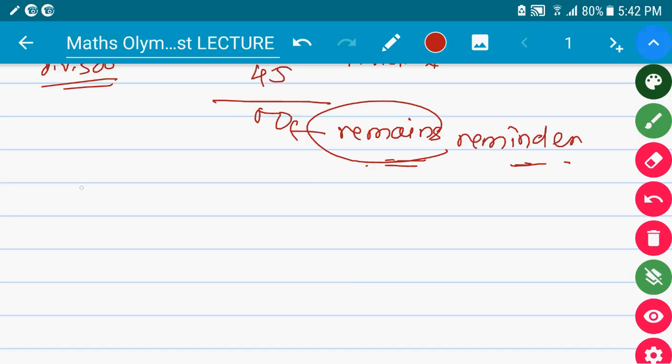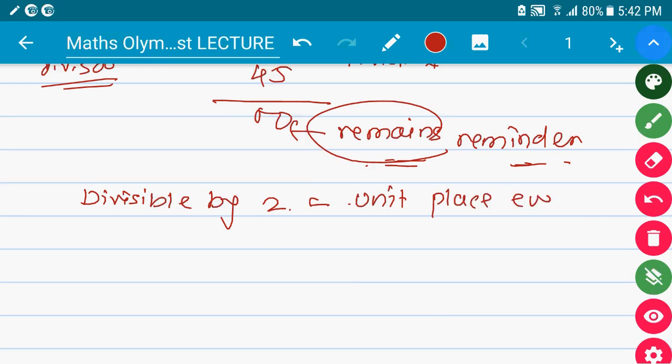Any number is divisible by 2 if the unit place is occupied by an even digit, or 0. So 2, 4, 6, 8 and 0, if they are at the unit place, then the number is divisible by 2.